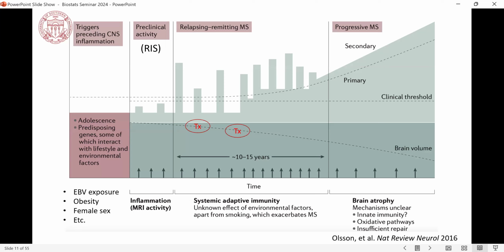Let's go back to this diagram. Most of the time, when the physician encounters the patient, it's around this 10 to 15 year period for relapsing-remitting MS. When a patient comes to you around 40-ish, how do you know the actual onset of the disease?